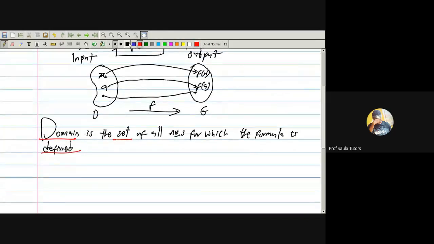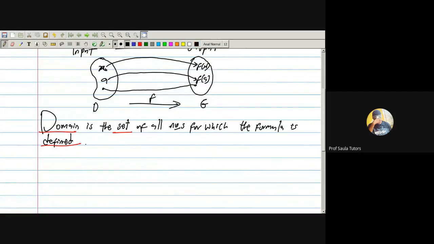Let me give you an example. Let's say, for instance, that you were given f of x to be equal to square root of x plus 2, and I asked you to find the domain of the function. Remember that square root is only possible for positive numbers and not negative numbers.